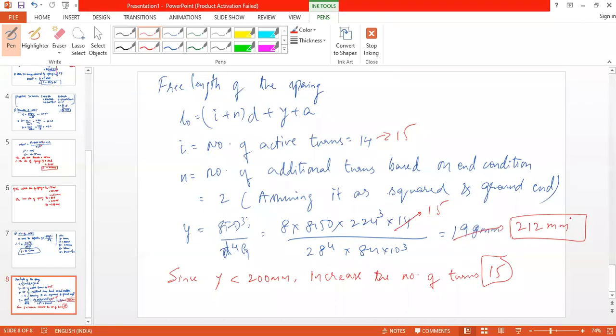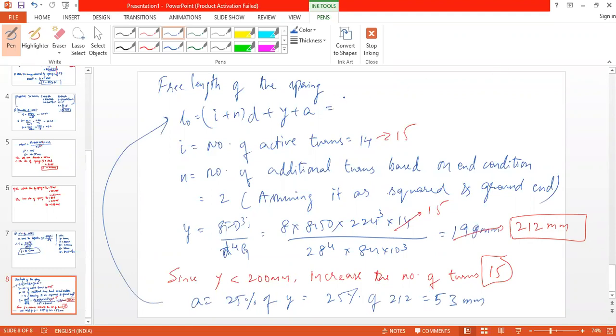Okay. So now y is 212 and a is 25% of y. That is 25% of 212, that is 53 mm. So now substitute everything and you can get the value of L0.